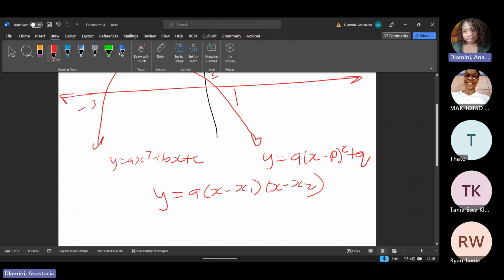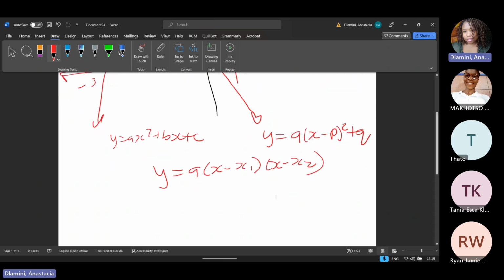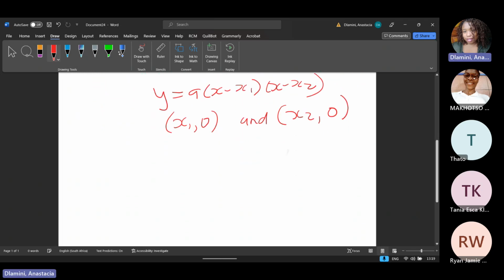The advantage of this third one is that it shows us exactly where the graph cuts the x-axis. So the x-intercept coordinates will be (x1, 0) and (x2, 0). So let's substitute there.